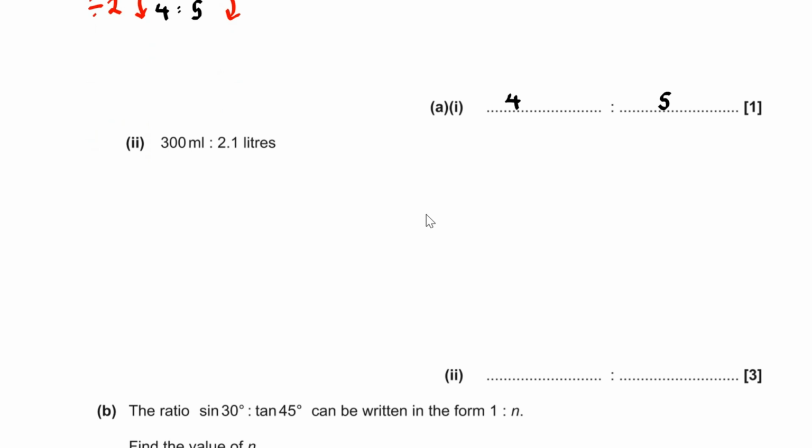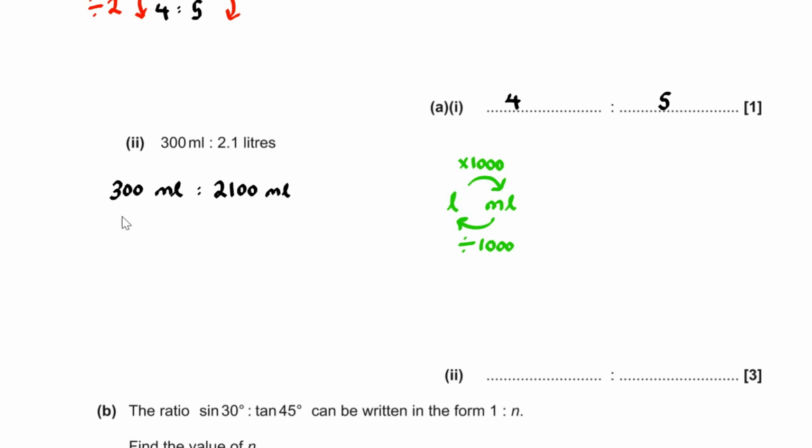And now for the second part, 300 millilitres to 2.1 litres. Well, over here you need to recognise we've got different units. So, to go from litres to millilitres, we would have to multiply by 1000, and millilitres to litres, we'd have to divide by 1000. So, we can rewrite this as 300 millilitres to, well, 2.1 times by 1000, that's 2100.